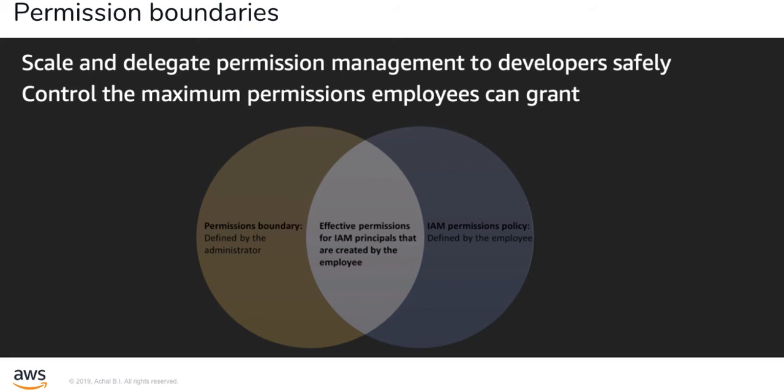When such boundaries are made, the developer cannot grant access to the application apart from these two services. He cannot make the application communicate with EC2 instances or any other services. So these are permission boundaries specified by the administrator, which as a developer I could safely use to grant permissions to the principals.